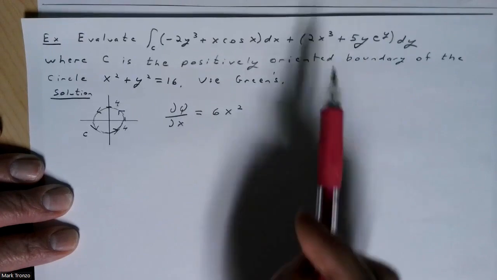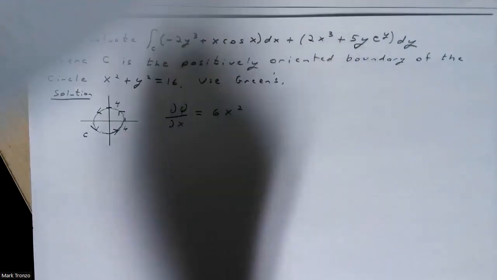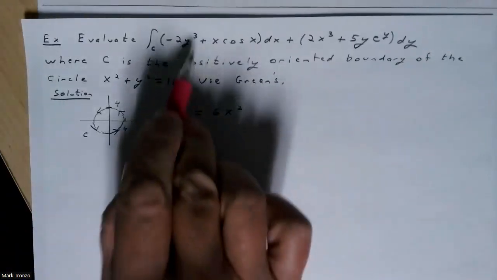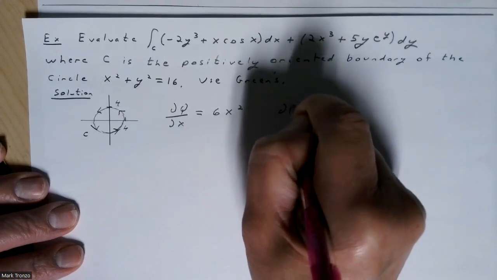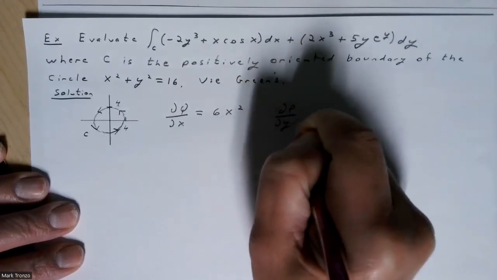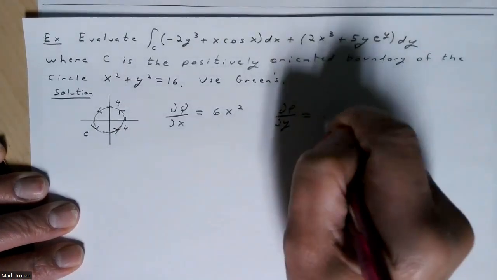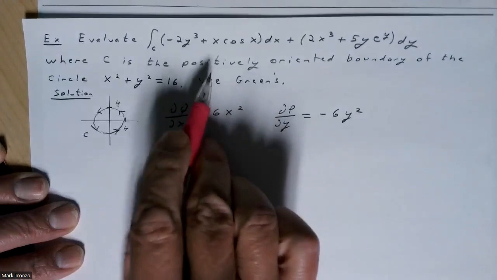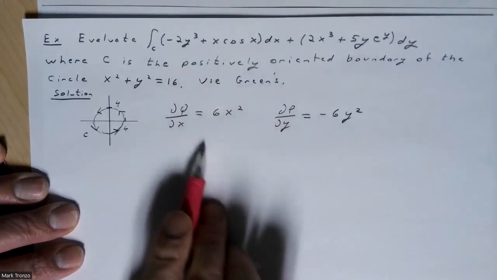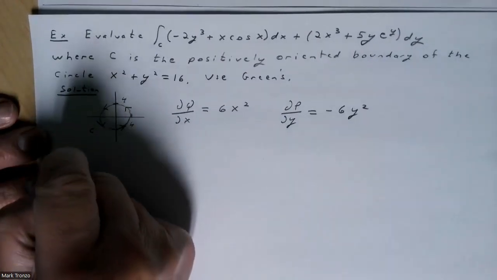So that got rid of that part of q there. Then we need to do dp dy. This is p, whatever is multiplied by the x is p. So dp dy, and this is going to be also minus 6y squared. This has no y's in it. That'll go away. So we just have that. So now, we're going to apply Green's theorem.